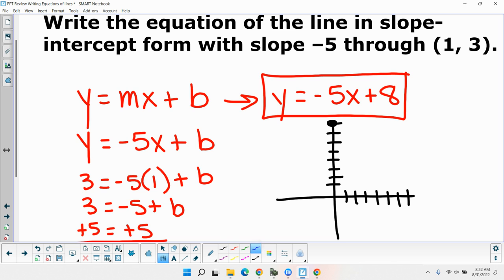Negative 5, right? So what do I do from this point? Since the slope's negative 5, the negative 5 tells me which way to go. Down. How many? 5. The 1 tells me which way. Right. How many? 1. So we go 1, 2, 3, 4, 5 over 1. Well, what point is that?